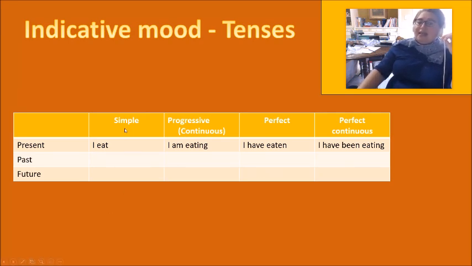Let's have a look at the simple tenses, at the present tenses. What do I have? In the simple affirmative, I just use the base form. So I eat. In the present progressive, I use the auxiliary to be plus the gerund. Remember, to be plus the gerund means continuity, progression. So I am eating. With the present perfect, I have the perfect here. So I need the auxiliary have.